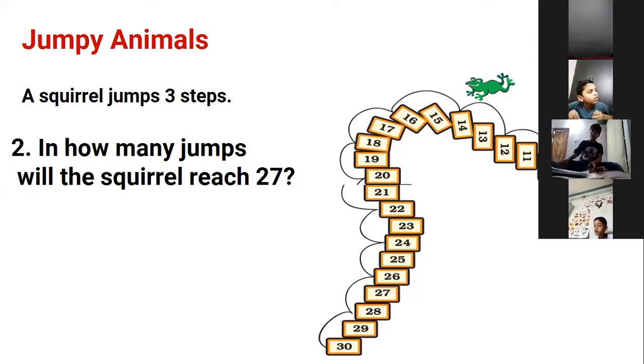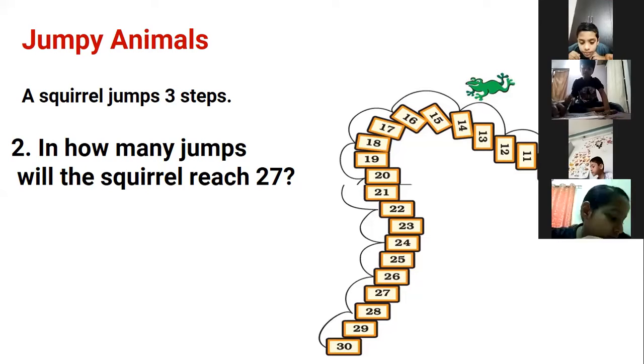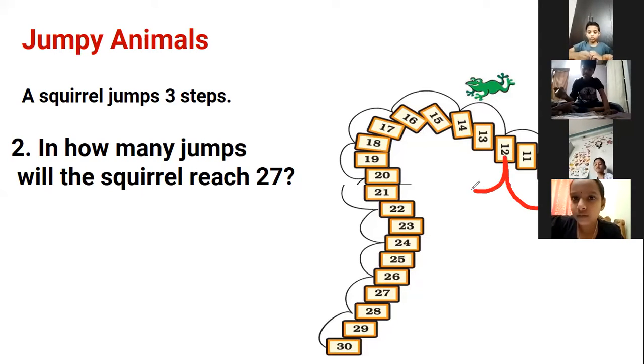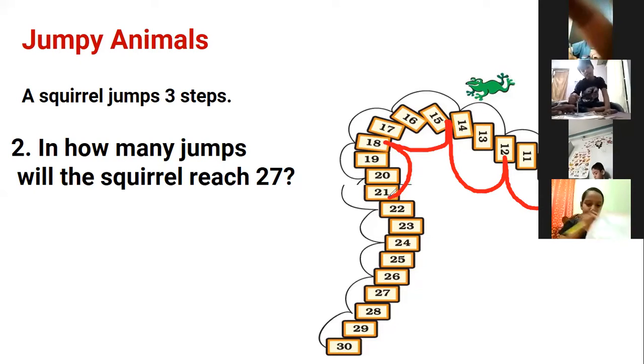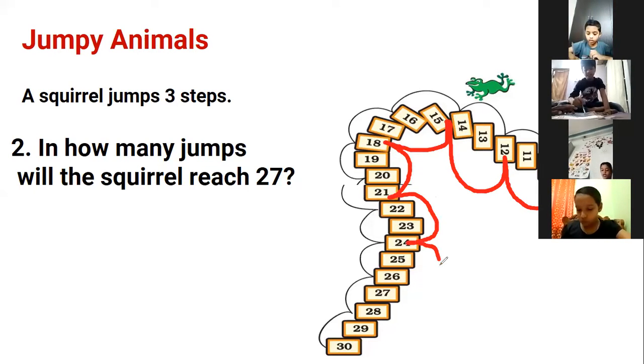So here it will jump 3 steps. 1 up to 3. 1, next 2, 3, 4, 5, 6, 7, 8, 9. We need 27.